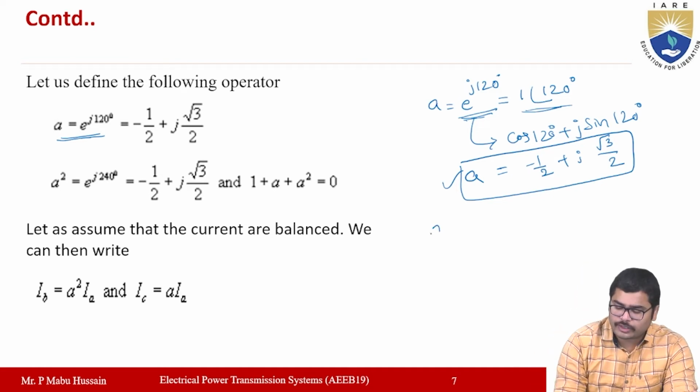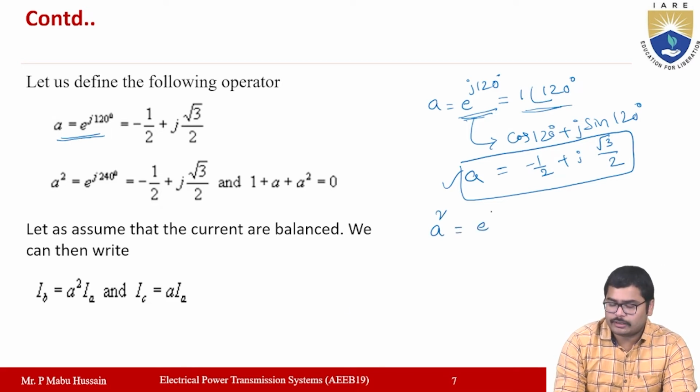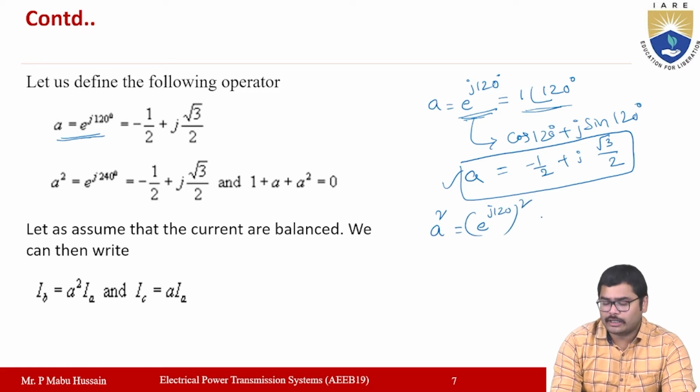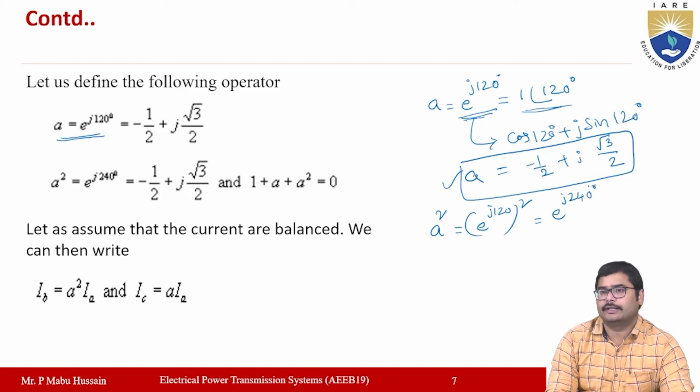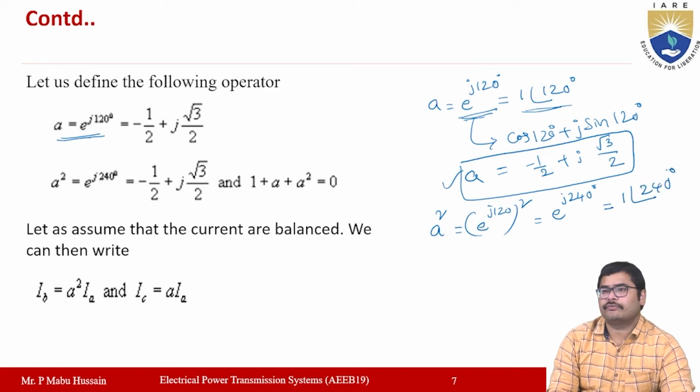Then what is the value of A square? A square will be equal to e power j 120 whole square. This value will be equal to e power j 240 degrees, or you can even write it as 1 at an angle of 240 degrees.